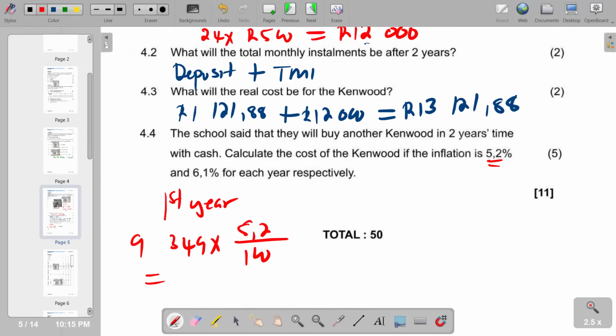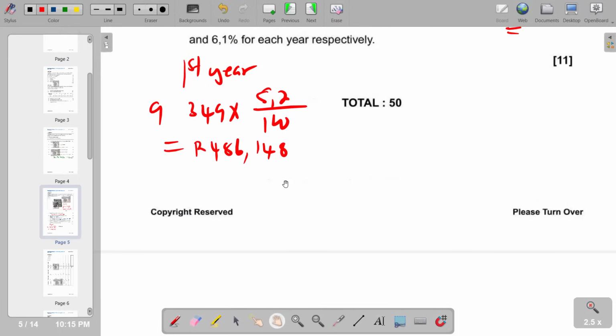We calculate it, and we get 486 rands, then 0.148 according to our calculations. So you don't round it off. We are going to round off the final answer.